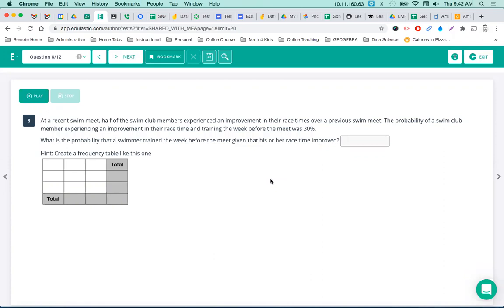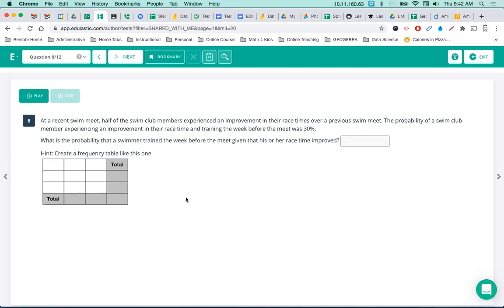The probability of a swim club member experiencing an improvement in their race time and training the week before the meet was 30%. What is the probability of the swimmer training the week before the meet, given that his or her race time improved? So the hint here is to create a frequency table, okay? Now, in this case you don't know how many swimmers there were, but we do know some percentages, okay?